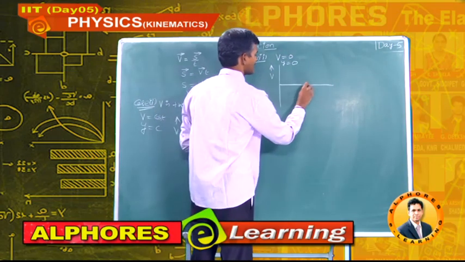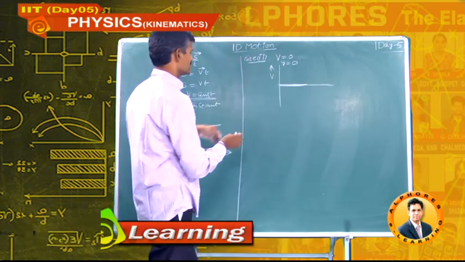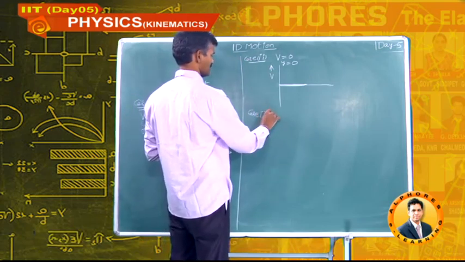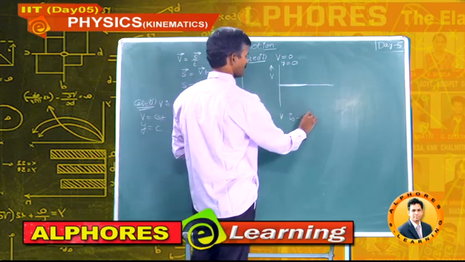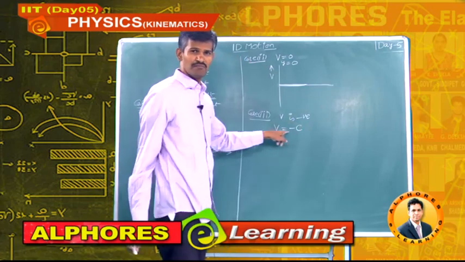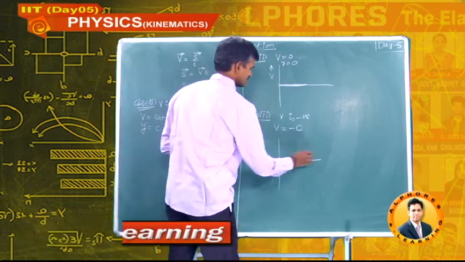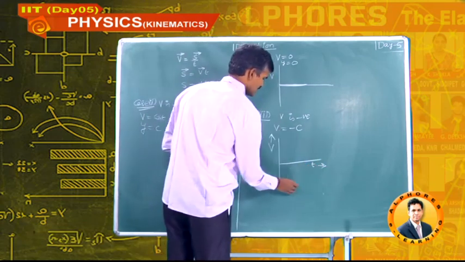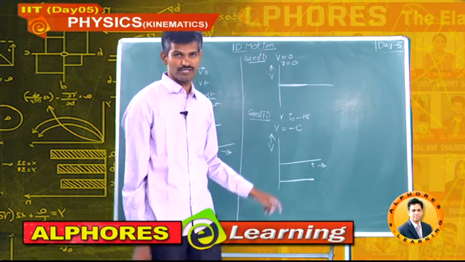So then it will be the graph. Next, case 3. What happens if V is negative? V is equal to some minus constant. Then this velocity time graph is a negative constant.